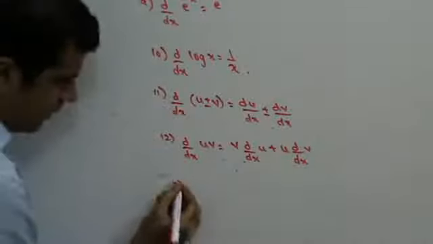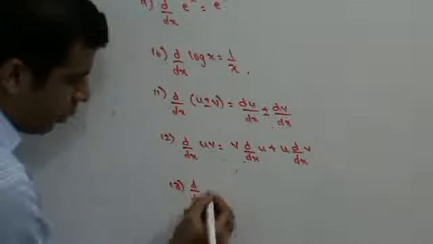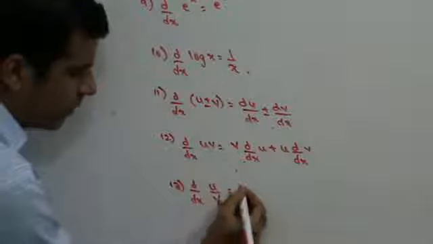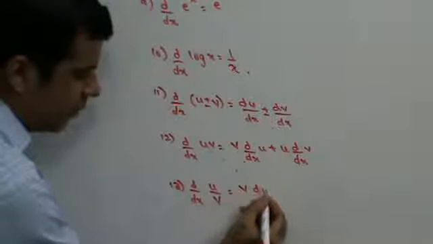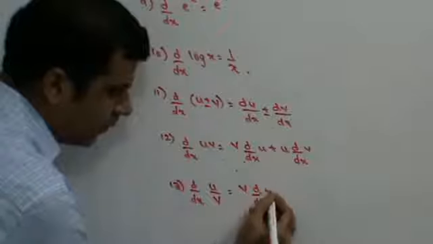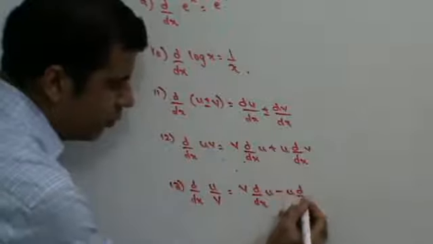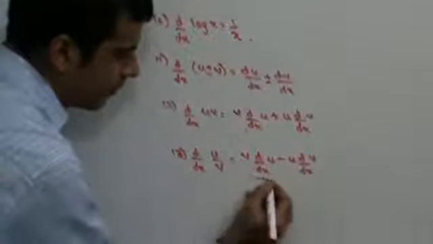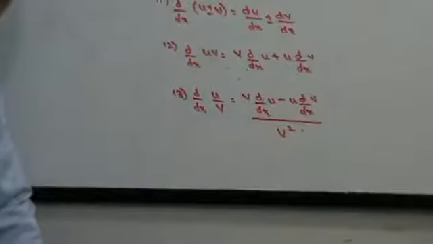Next, d by dx of u upon v is v times derivative of u minus u times derivative of v, upon v square. These were all the algebraic formulas.